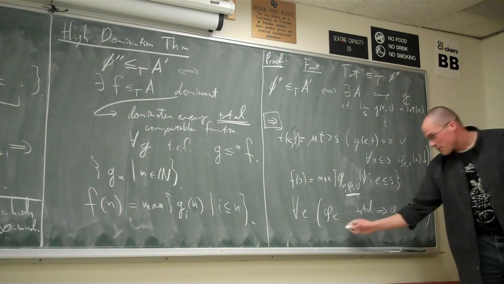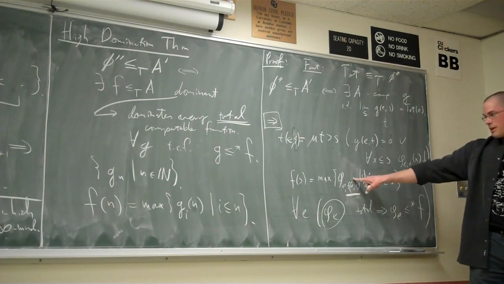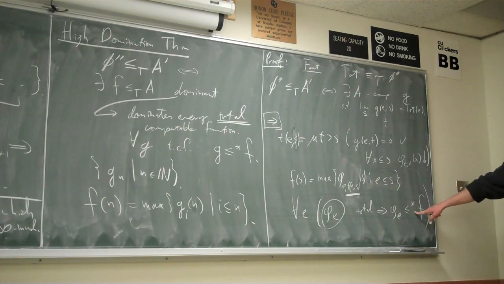And therefore, you really consider this particular phi e amongst the things you take the maximum of, and therefore you're greater or equal than that phi e. So one thing you're taking the max over is actually that value.